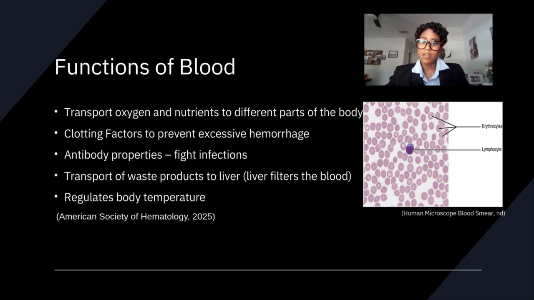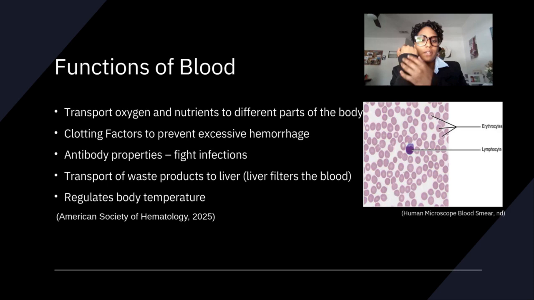Antibody properties to fight infection, white blood cells, and the transport of waste products to the liver. The liver filters the blood, and blood also regulates body temperature through a process called vasodilation and vasoconstriction.